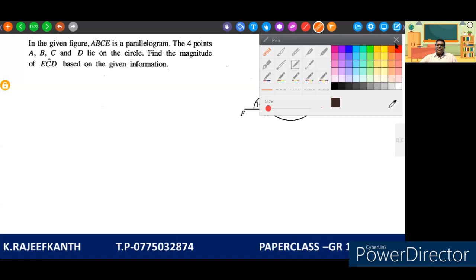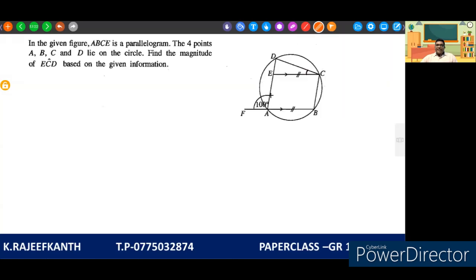Here this is 100 degrees. ABCD is a cyclic quadrilateral, right? Then we can mark this angle as 100 degrees because the exterior angle is equal to the interior opposite angle.